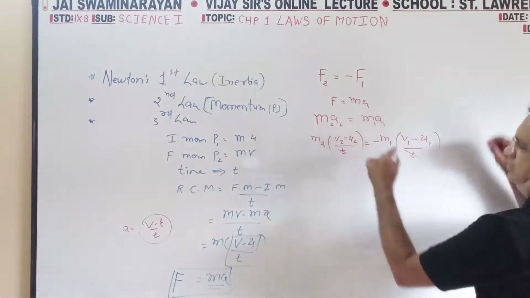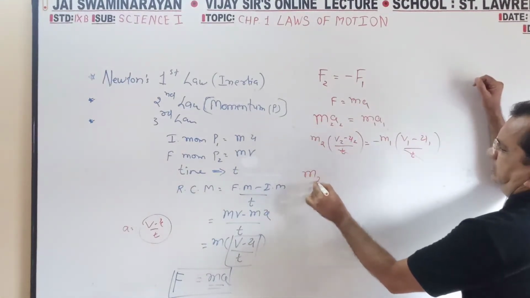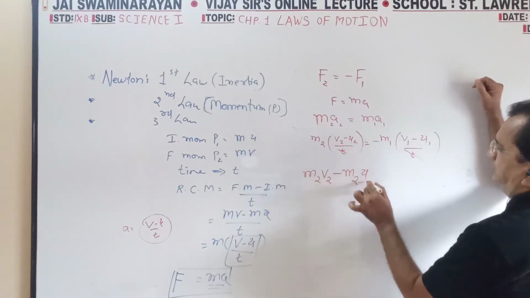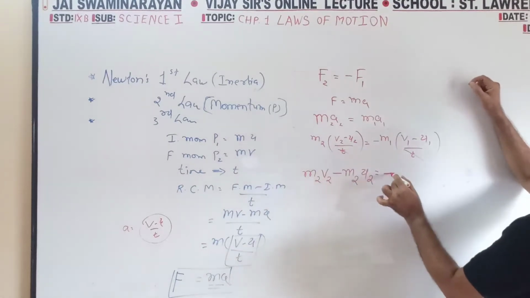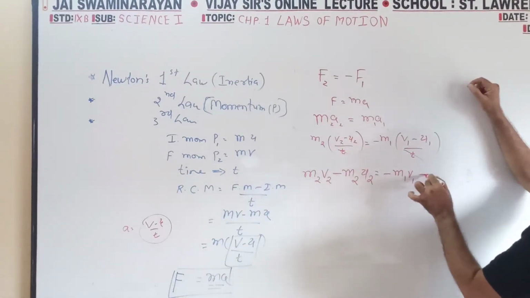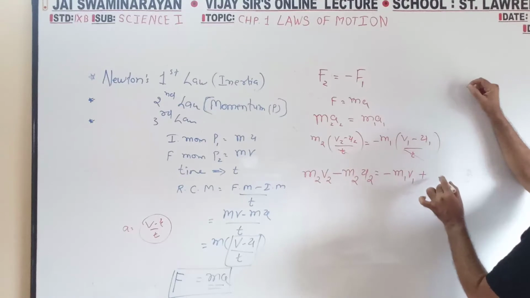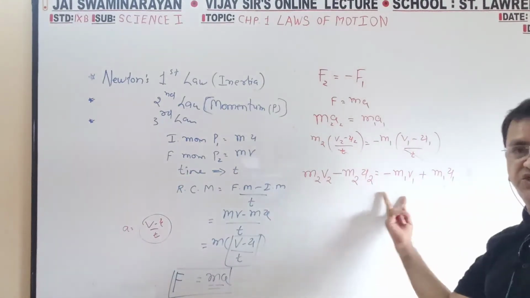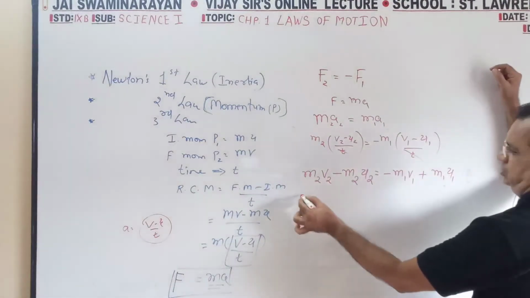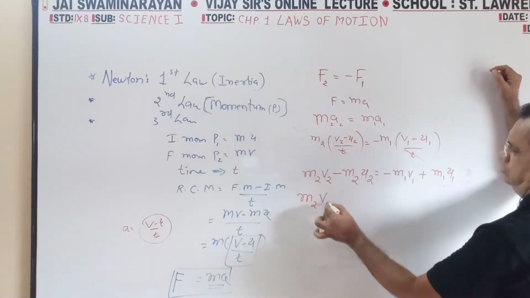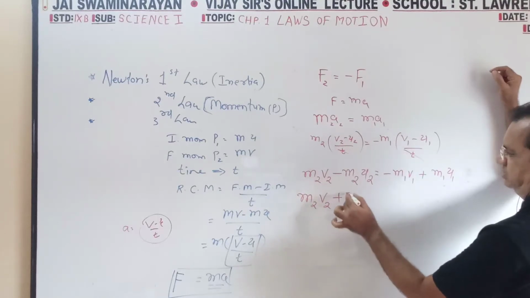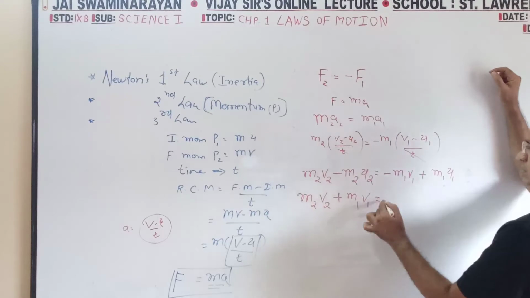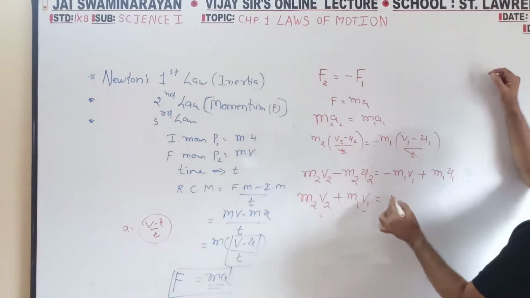Time is the same, so t cancels. What is the product? m2v2 minus m2u2 equals minus m1v1 plus m1u1. Now I change both signs, so m2v2 comes to this side plus m1v1, which is the final momentum.